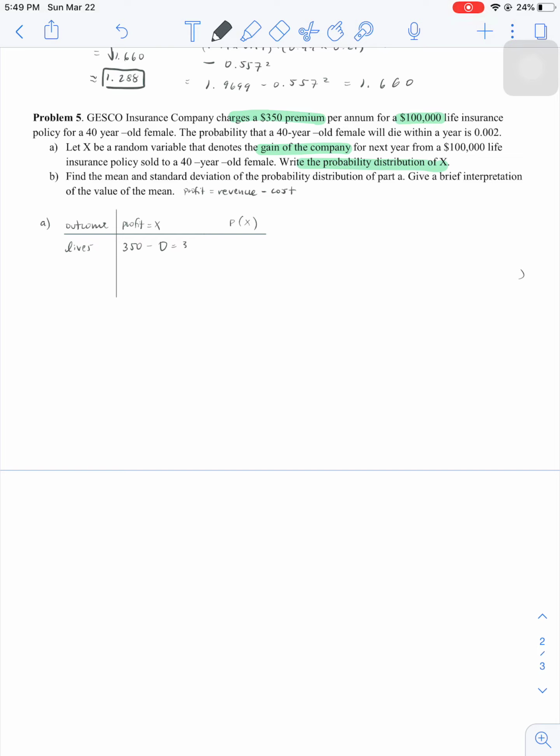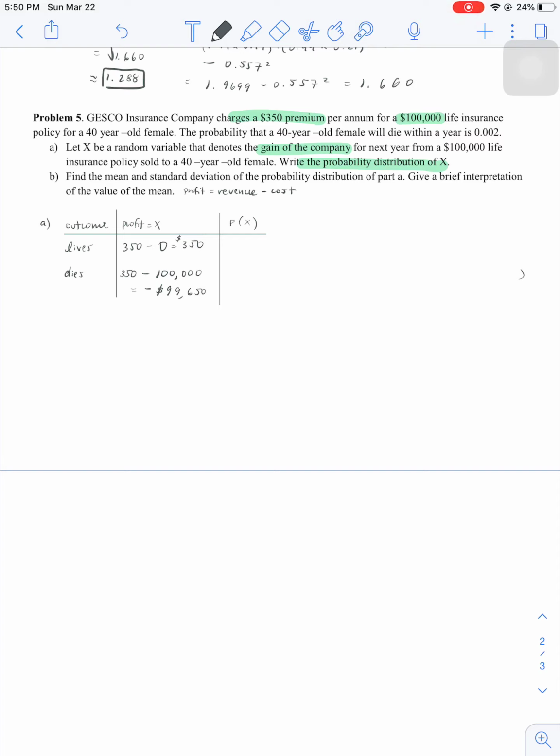So hence, the company's profit is $350. If the customer dies, then the company will still receive the premium, but now they have to pay out $100,000. So their profit will actually be a loss. So they'll lose $99,650.